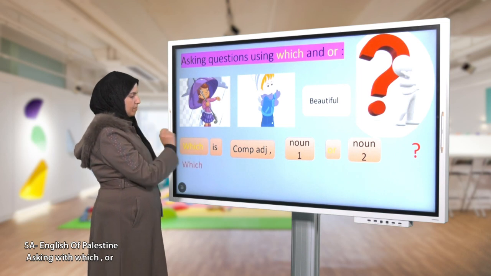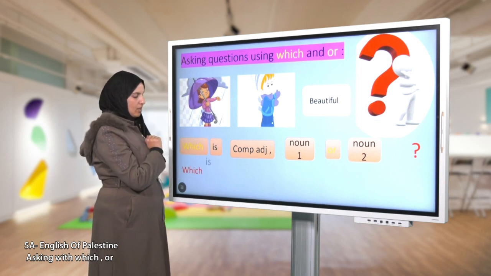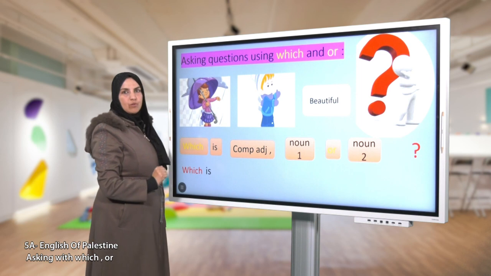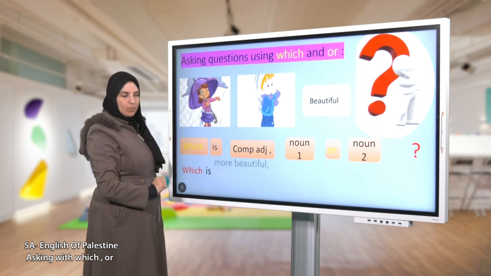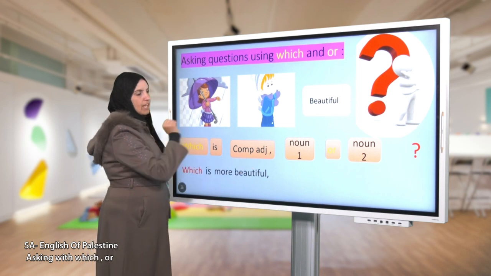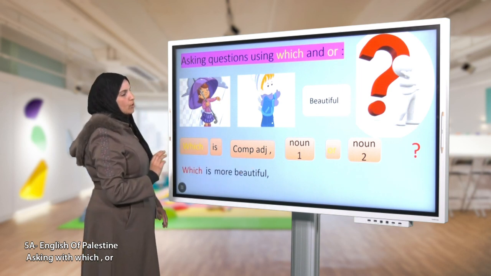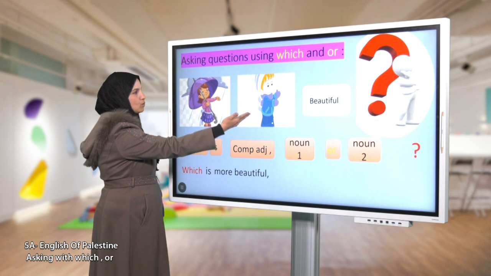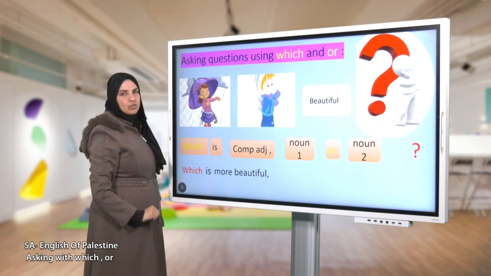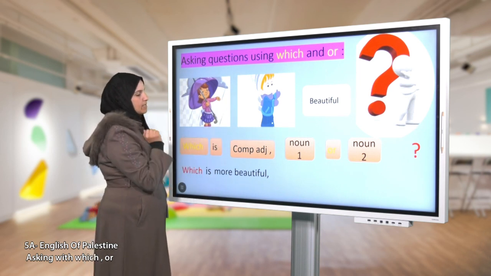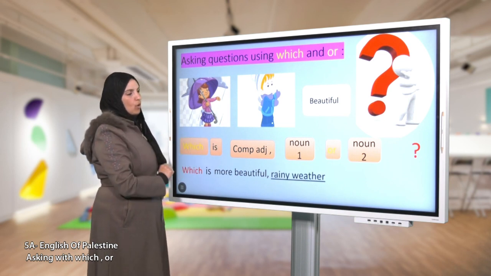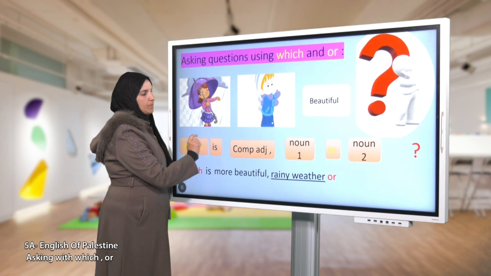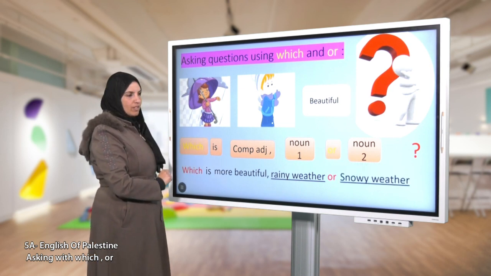Which is, we have the adjective beautiful and the comparative adjective is more beautiful. Don't forget the comma. Now we are going to put noun 1 and noun 2 and use or to give choices. Noun 1 is rainy weather or snowy weather.